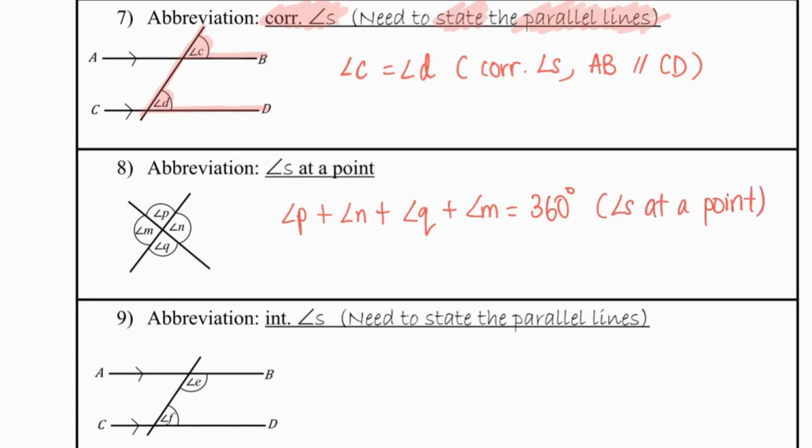And last, we also know about interior angles, again must state parallel lines. Interior angles is like a C like that, inside 2 parallel lines. And they actually add up to 180 degrees. Parallel lines.